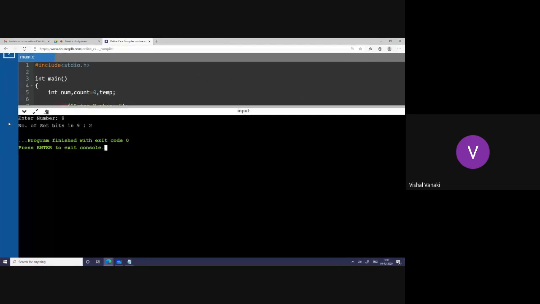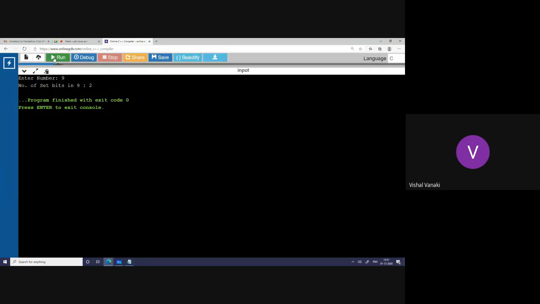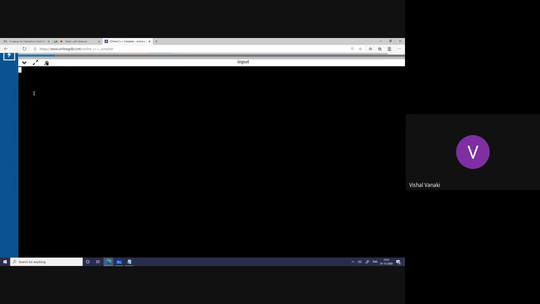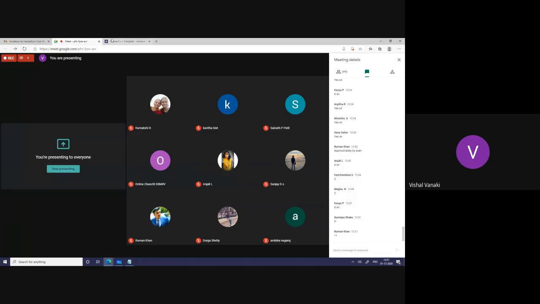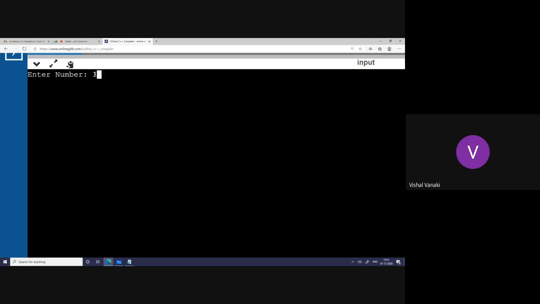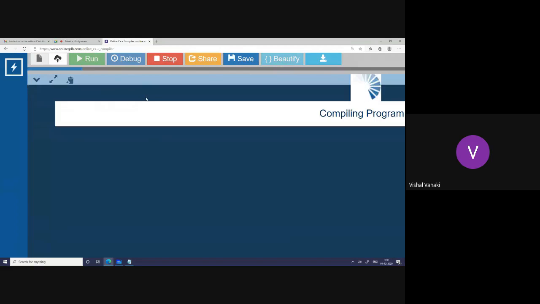Find out a number which is having more than 2. So I'll enter a number, let's say 11. 11 is having 3, I guess. Yes, 3. So you can check 15, which is having 4.